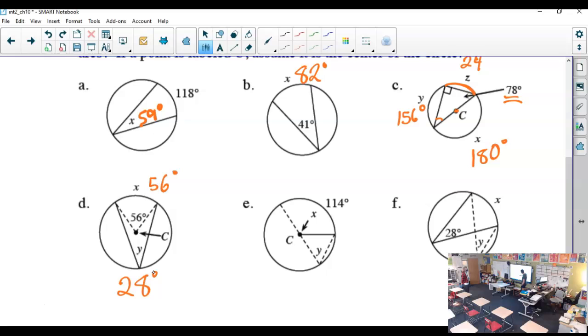And then Y is half of 114 degrees. It's 57. X is 56, and Y is 28. Yeah, Y is 28, because they both make the same arc.